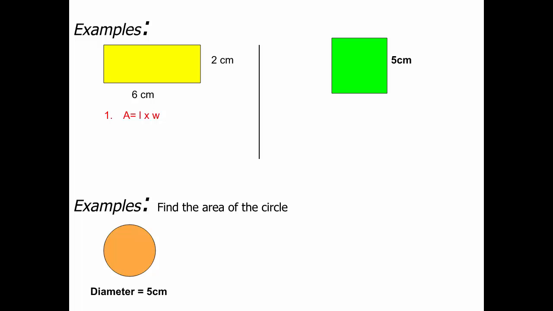Second step, who remembers from 12 seconds ago? Jeremy? You substitute the numbers. In this case, area equals, what's the length? Emily? 6 centimeters, yes. Width equals? David? 2 centimeters.